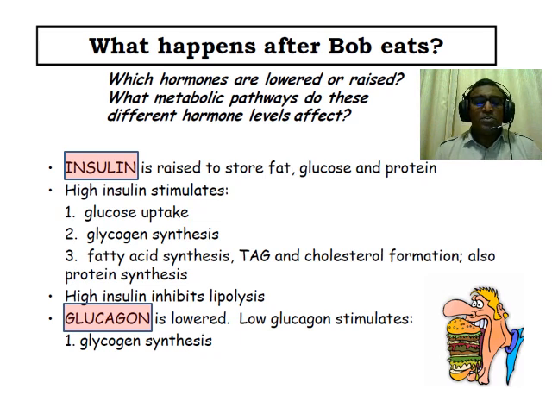Also, insulin being a feel-good hormone, when times are good, plenty of food, it also will cause fatty acid synthesis. Fatty acid will be made to bind to glycerol to become triacylglyceride, and then also even the production of cholesterol takes place, and also protein synthesis. All these cause growth also to take place when insulin is present.